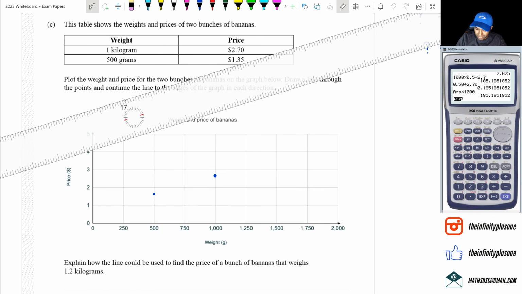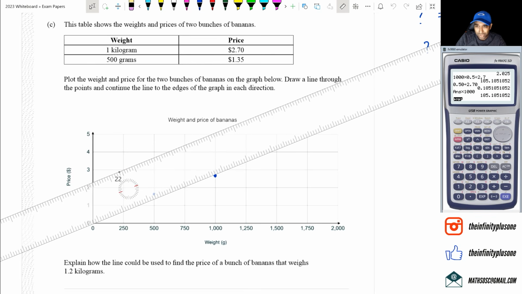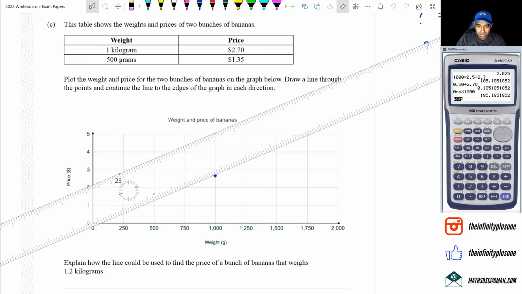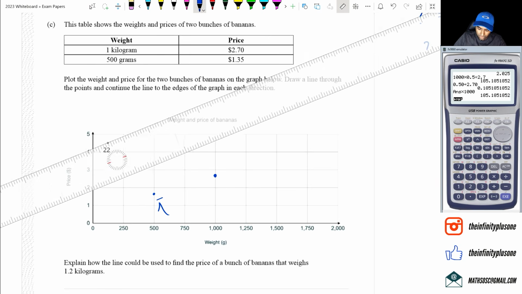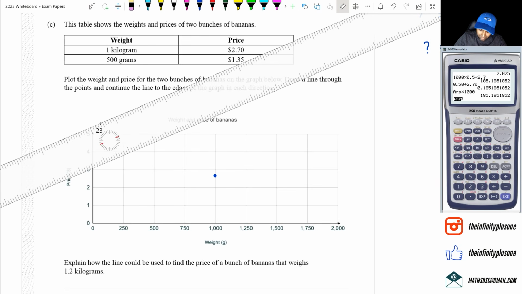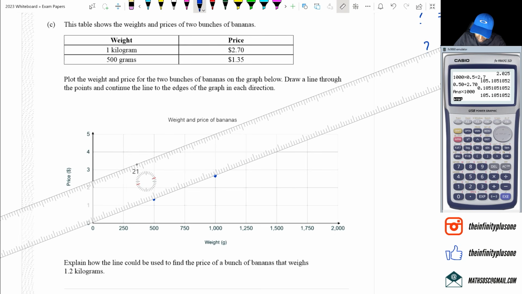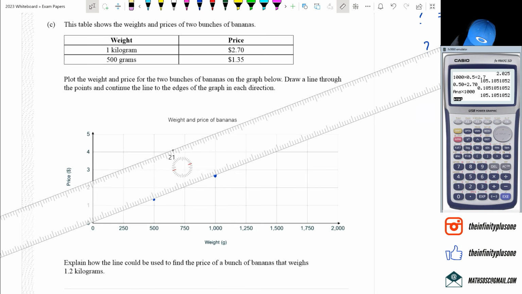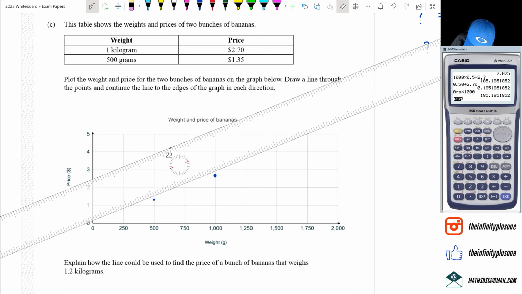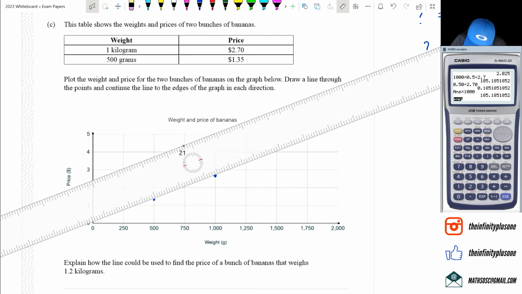If I put this line here, it should join the $2.70 to 0 roughly, and you can see that this point doesn't look right, because that point is not correct. So $1.35 is probably going to be a little bit lower, but not quarter way. Probably somewhere there. Let's try that. Yeah, that looks better. That looks a lot better, doesn't it? No, it doesn't. It's so hard to draw this with a ruler. Yeah, that's the best I can do, guys.